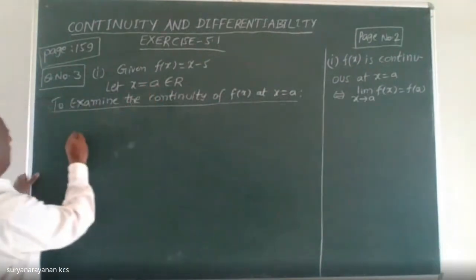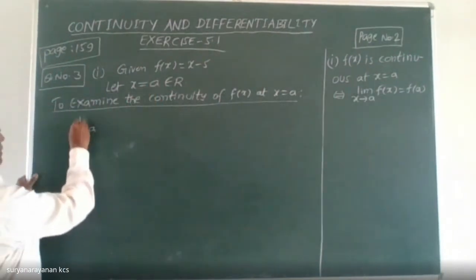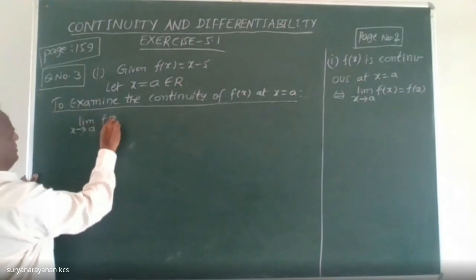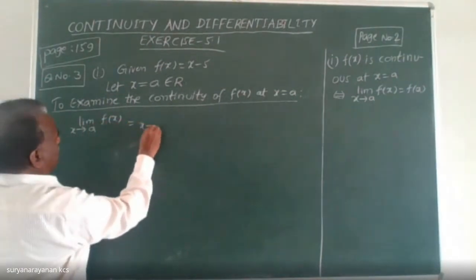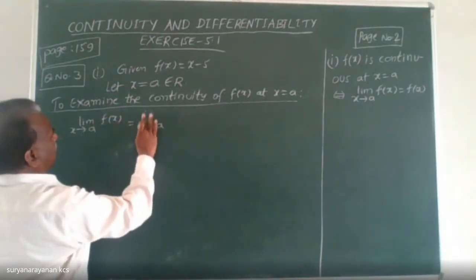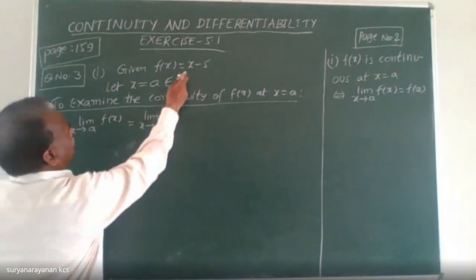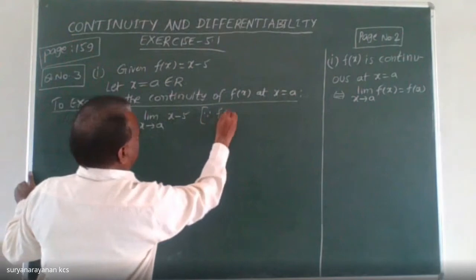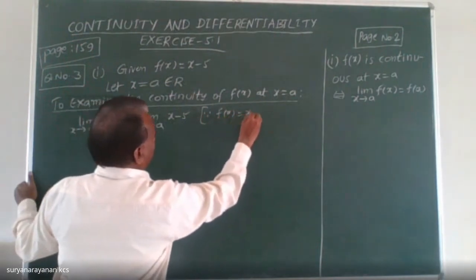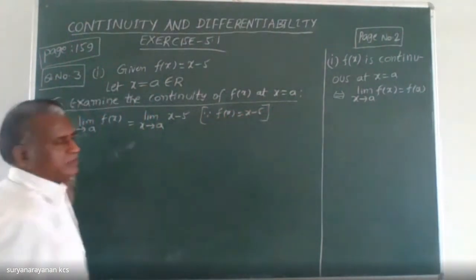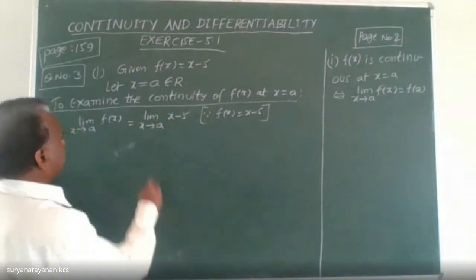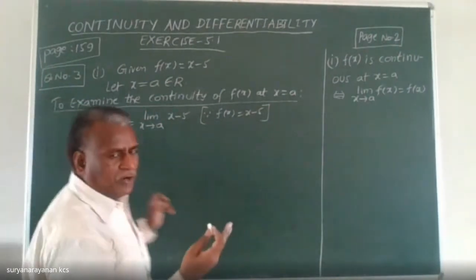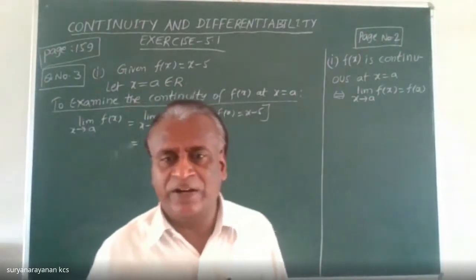So first of all, we find the limit as x tends to a of f of x, that is equal to the limit as x tends to a of, what is the function here? X minus 5, because f of x is equal to x minus 5. We replace f of x by x minus 5. So we follow the direct substitution method.